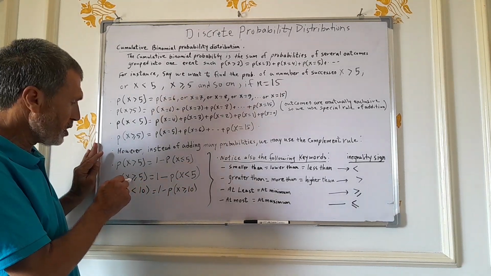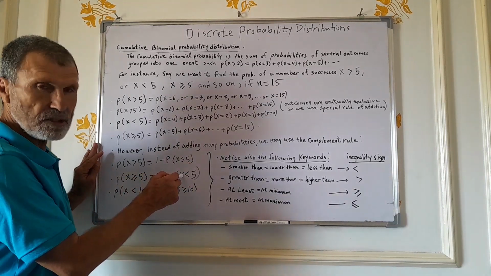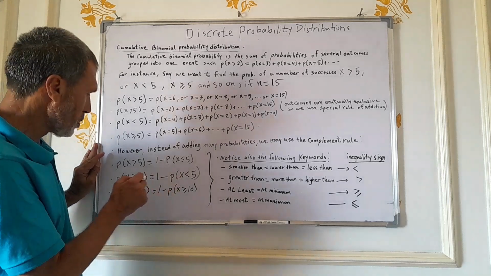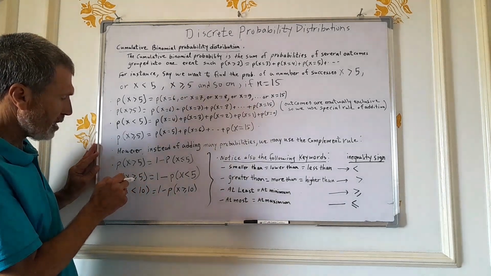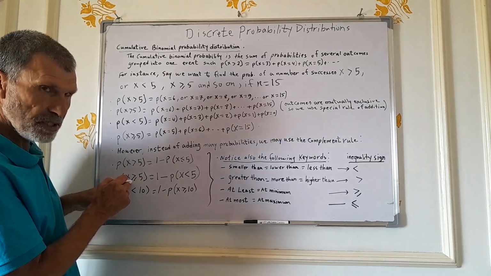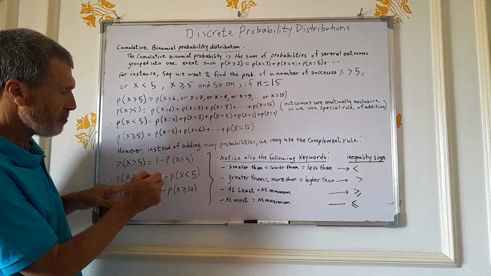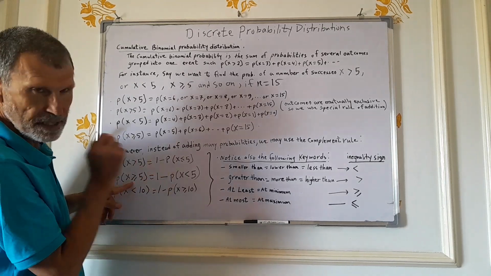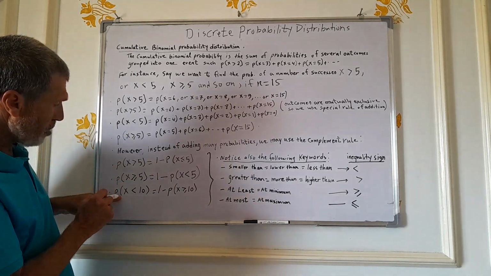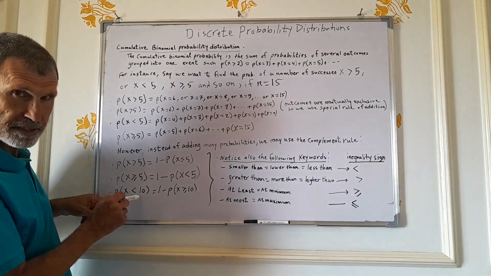Because 5 is included here, so 5 is not going to be included in the complement. So if we have x greater than or equal to 5 on the left side, on the right side we're going to take off the equal sign and it becomes 1 minus probability of x less than 5. The same thing here, probability of x less than 10.